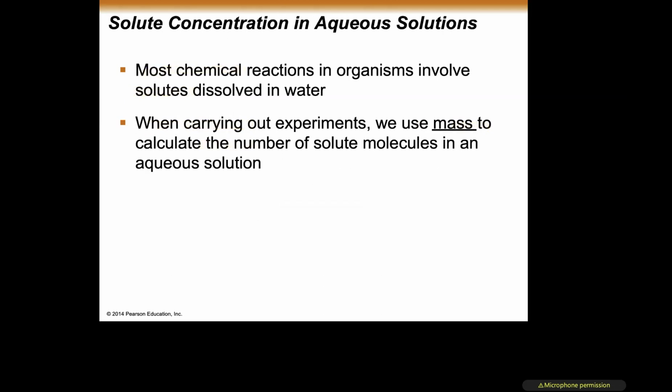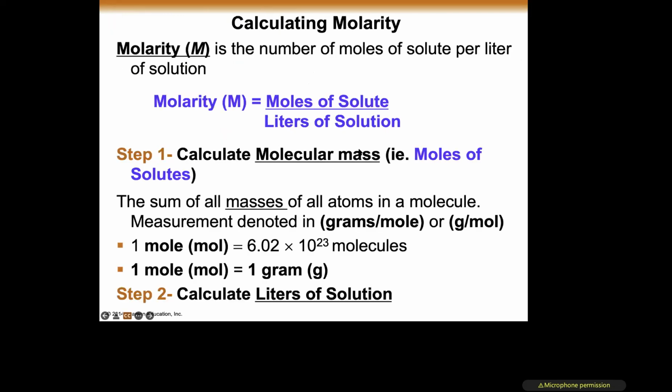Most of your chemical reactions in organisms are going to involve solutes dissolved in water. When carrying out experiments, and this is where I start to say I hate this, we are going to use the mass to calculate the number of solute molecules in an aqueous solution. So we're starting to get into molarity.